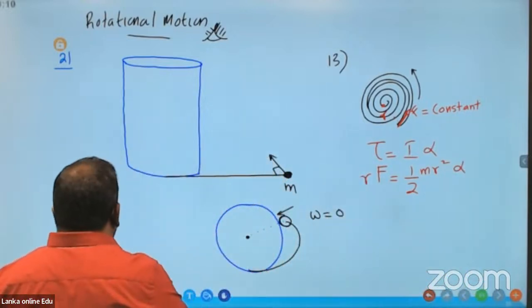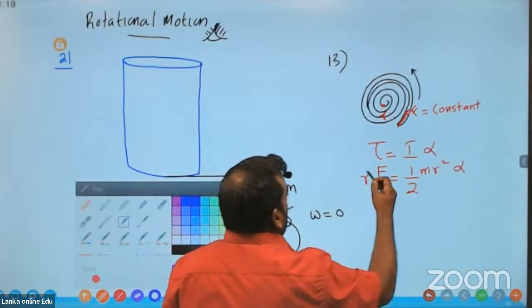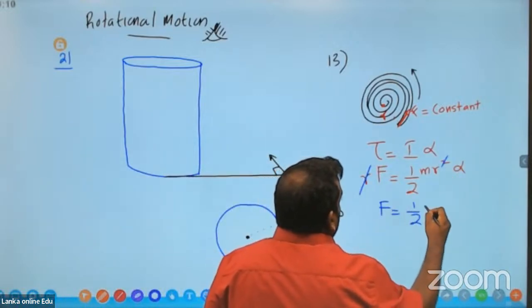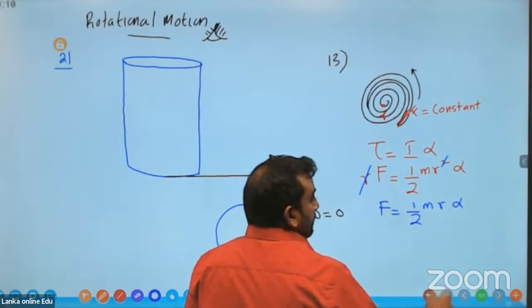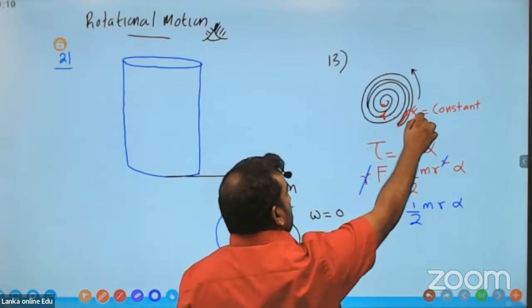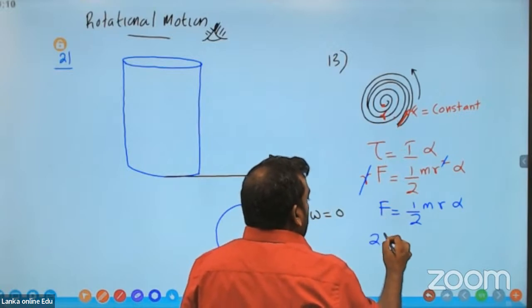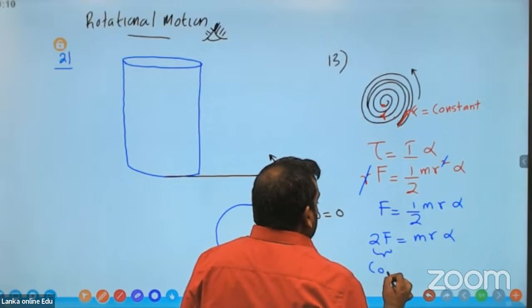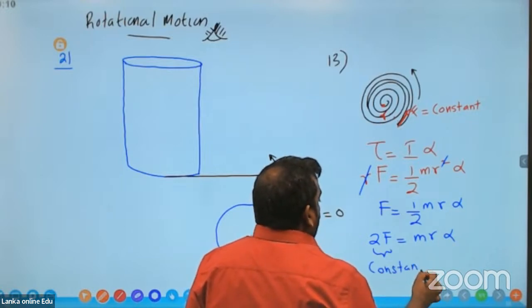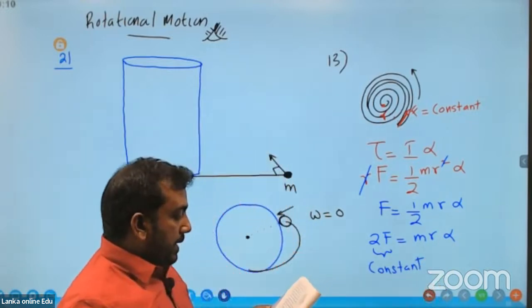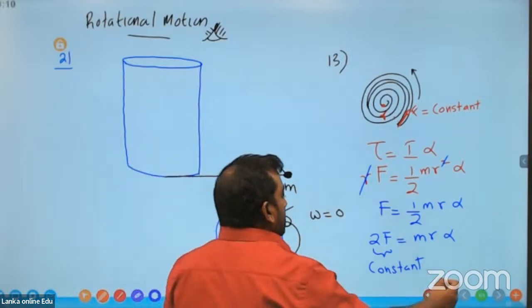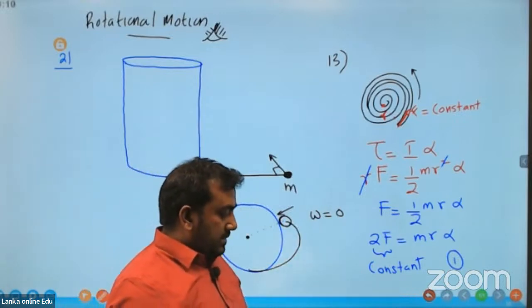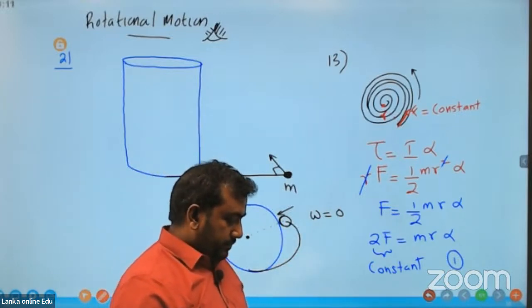Now you can cancel off R and R. F is equal to half mr alpha. Now they are telling you force is a constant. So 2F anyway will be a constant. So mr alpha will remain constant. Mr alpha constant means answer is answer number 1.